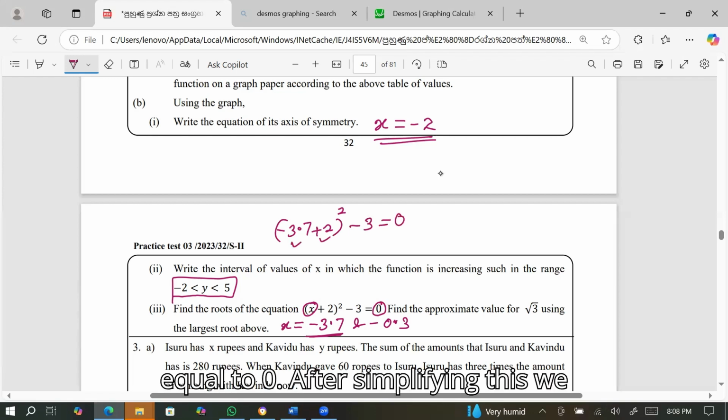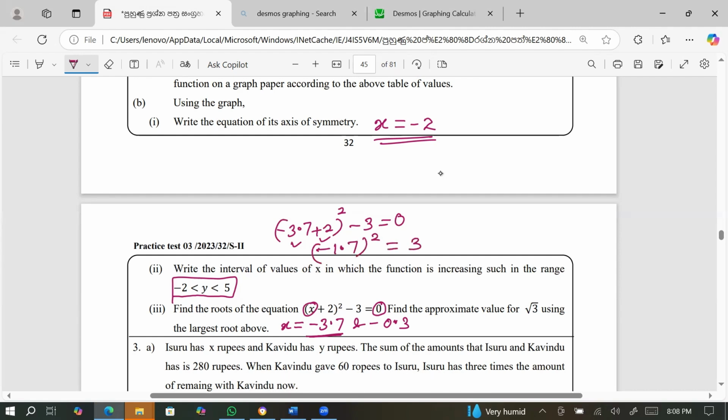After simplifying this, we get (-1.7) all squared equals 3. So root 3 equals plus or minus 1.7. Right?